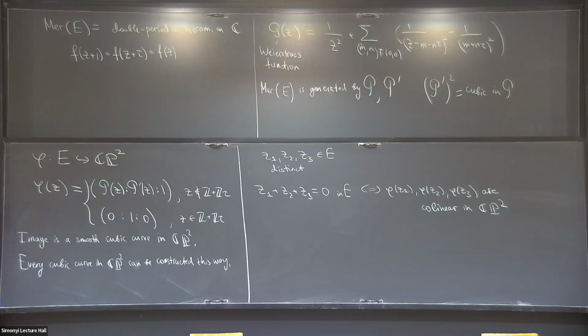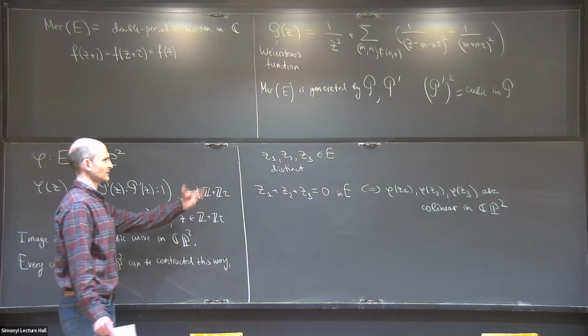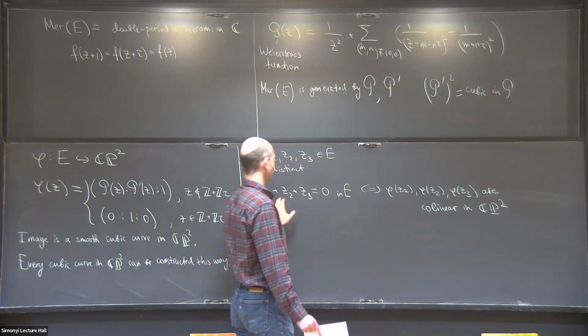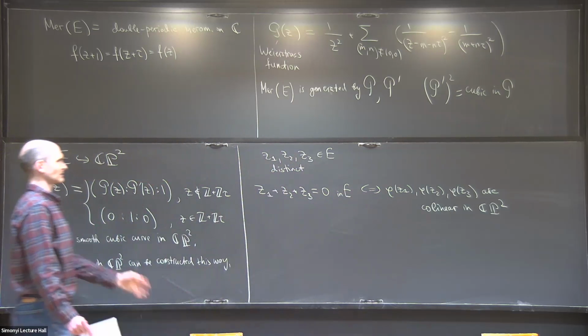They're also, the number of zeros equals the number of poles. So if you have a pole of order 3, then the zeros will add up to 0, and that's how you go from here to there, and the other way is basically the same.